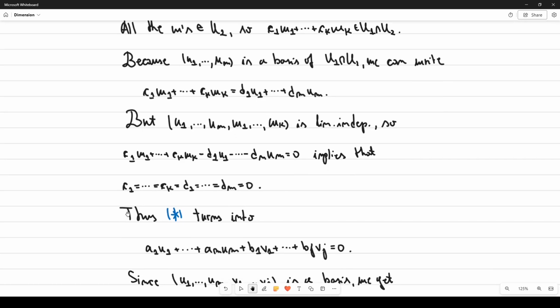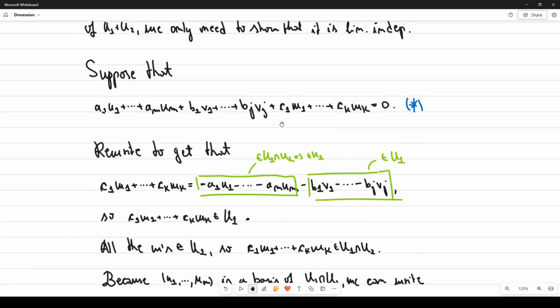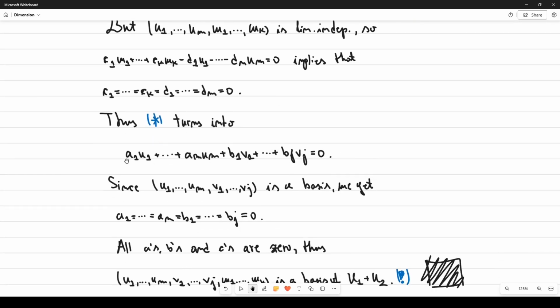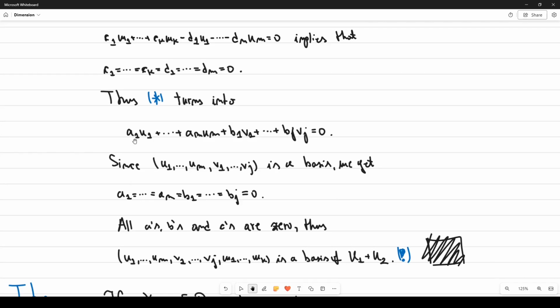So we've just shown that all the C scalars are 0, so this expression turns into this. And now, since this is a basis, the vectors are linearly independent, so we get that all of the scalars have to be 0.